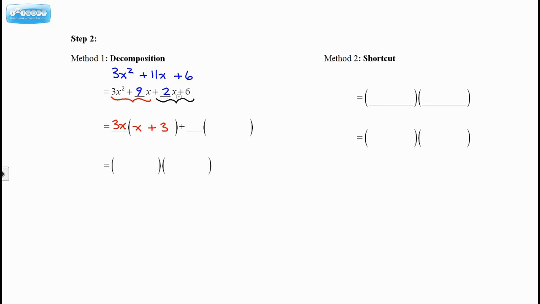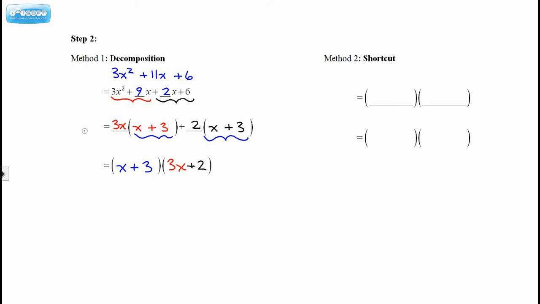Well, I can factor out a 2, and that's about it. And that would leave x plus 3. And notice, lo and behold, these two binomials are the same. Right. Which means I can factor out x plus 3. And then I get 3x plus 2.